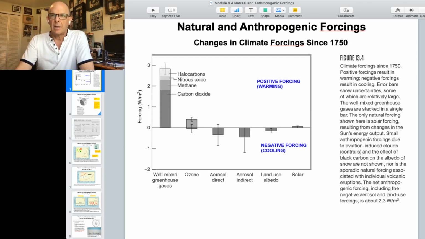Land use albedo. As we deforest the planet, we are making the planet brighter and therefore more reflective and therefore cooler. So if you wipe out the Amazon rainforest, you replace dark, absorbing, leafy vegetation with bright, reflective desert sand, and that's a cooling effect.